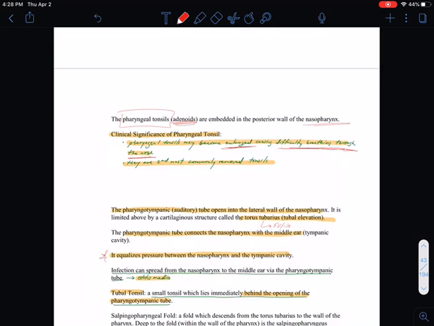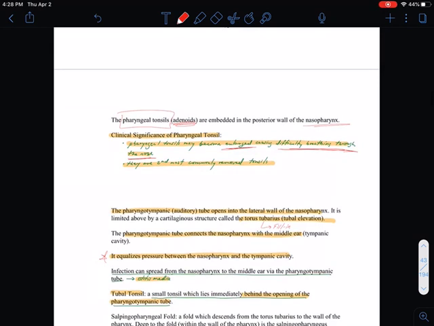There is no deviation, but they still might have trouble breathing due to these adenoids. And they are the second most commonly removed tonsil, behind number 1, which I hope by now you can tell me that the number 1 most commonly removed tonsil are your palatine. Those guys again, tonsillitis.